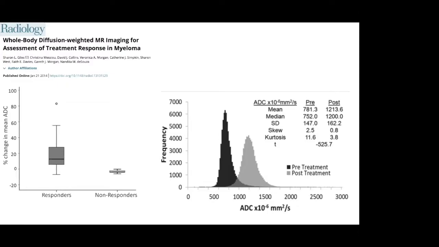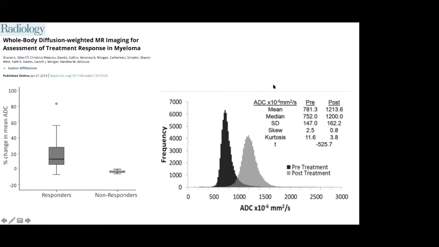They had a volunteers group and a disease group, and they checked for reproducibility between observers and within subjects as well. And they found that in the 25 patients that had treatment, those that responded in general showed a higher ADC increase than those that were not responding. In fact, all 5 non-responders showed an ADC decrease.